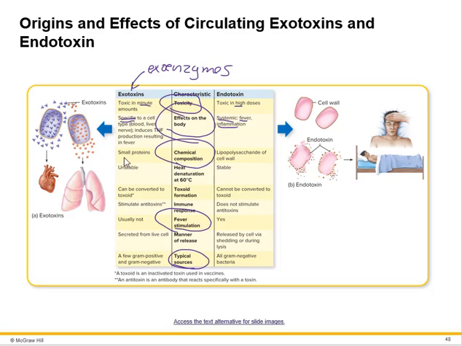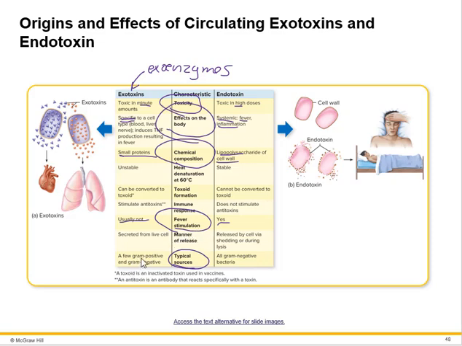The chemical composition of exotoxins is generally small proteins, enzymes, and lipopolysaccharides from the cell wall is what we see for endotoxin. Then fever stimulation: usually not for the exotoxins, but that's mainly what endotoxins do.